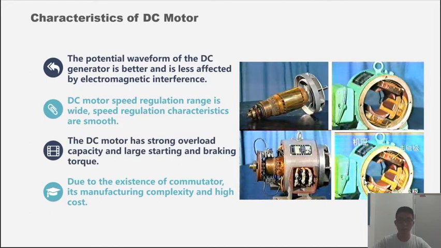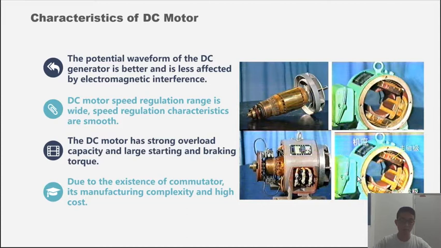DC motors have the following characteristics. First, the voltage waveform of the DC generator is better and is less affected by electromagnetic interference. Second, DC motor speed regulation is wide, changes and smooth.